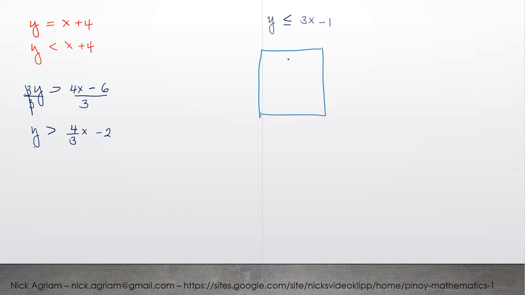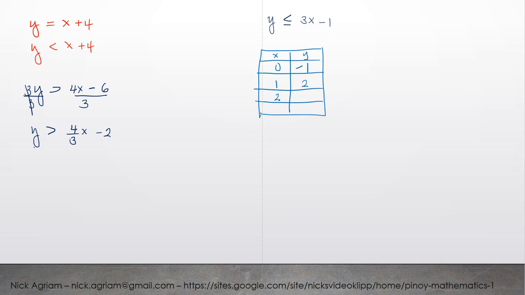I think we did this before. What you can do is create a table first. For example, you have x equal to 0, then minus 1, x equal to 1, then 2. 3 times 0 minus 1 is negative 1. 3 times 1 is 3, minus 1 is 2.